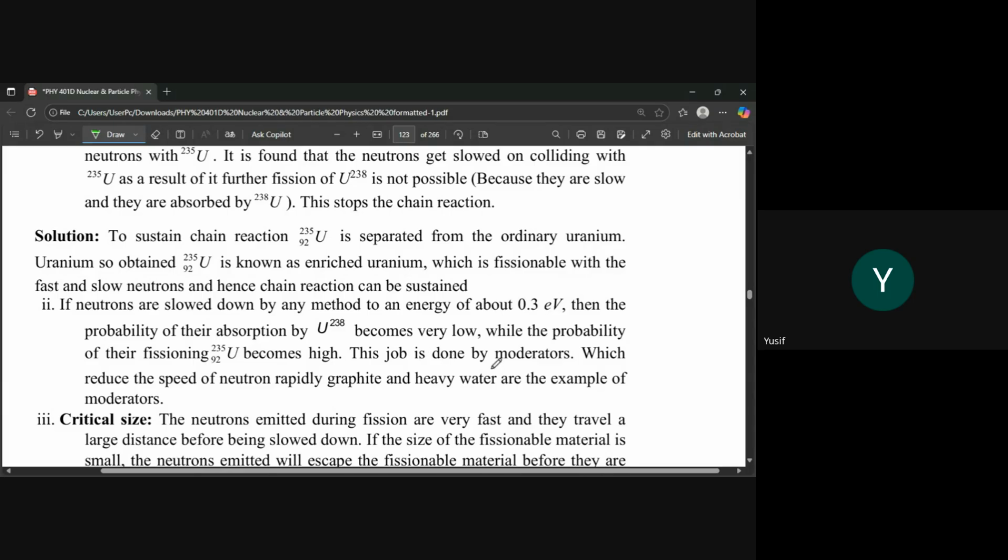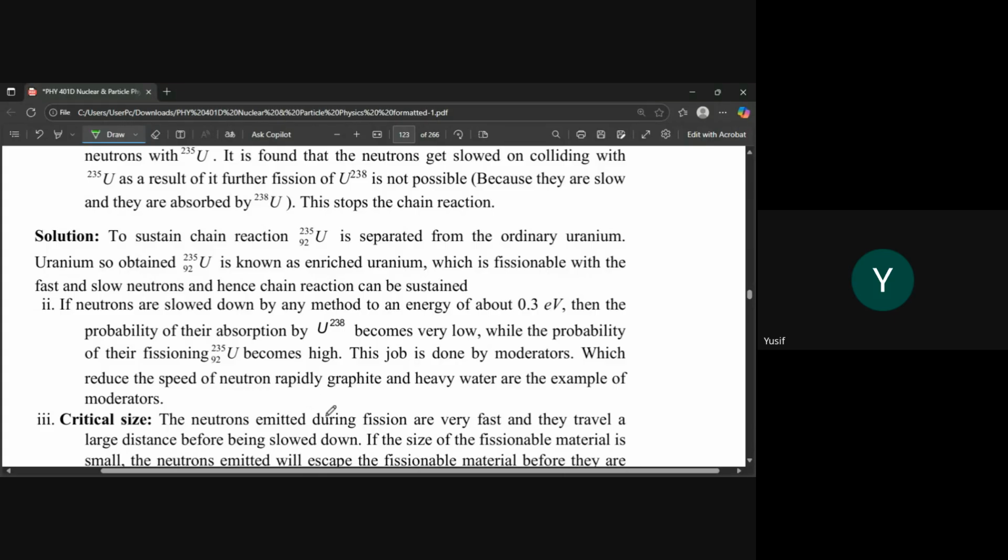This job is done by moderators. In the nuclear reaction, you have what you call moderators, and these moderators are the ones that stimulate the reaction. The moderators also help if you want to stop the reaction from taking place. If you want to reduce the neutrons in the reaction, the moderators are the ones that help in doing that.